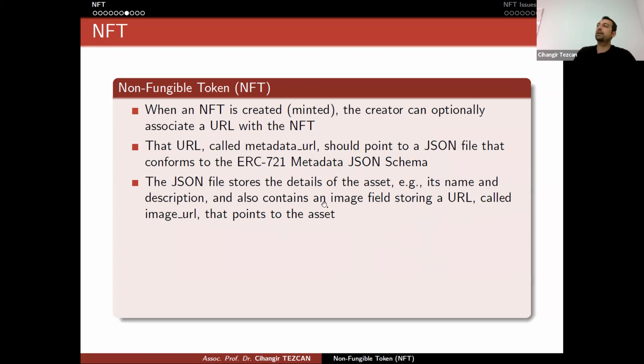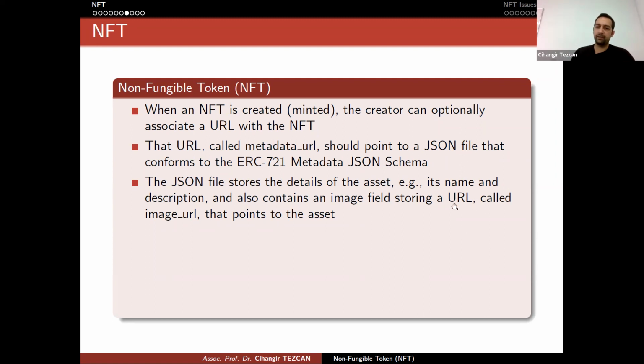So as you can see, when you buy the NFT, you simply write the token ID and the link of the JSON file. That is the only thing that is stored in the blockchain. In the JSON file, you have the name and description, and also the URL that your digital asset is linked to. Okay.